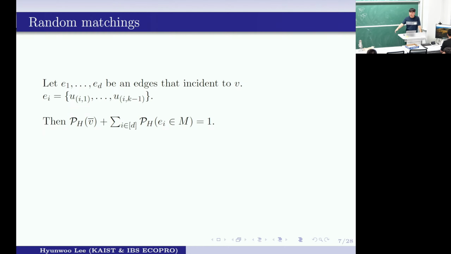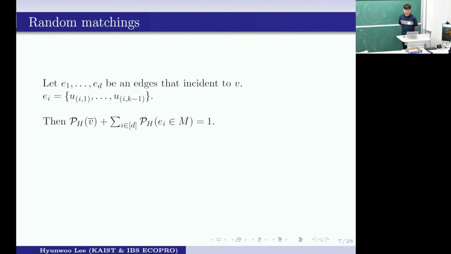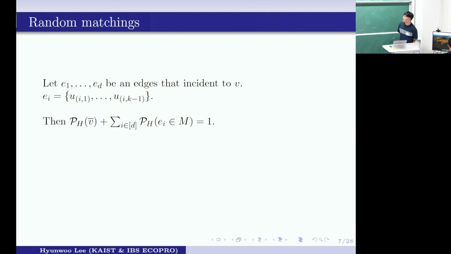Because the first term is the event that the random matching does not cover v. To complete the equality to 1, the other term is the event that the random matching covers the vertex v. To cover v, one of the edges E_1 to E_d must be contained in M. But by the definition of matching, these events are disjoint. So we have this equality.